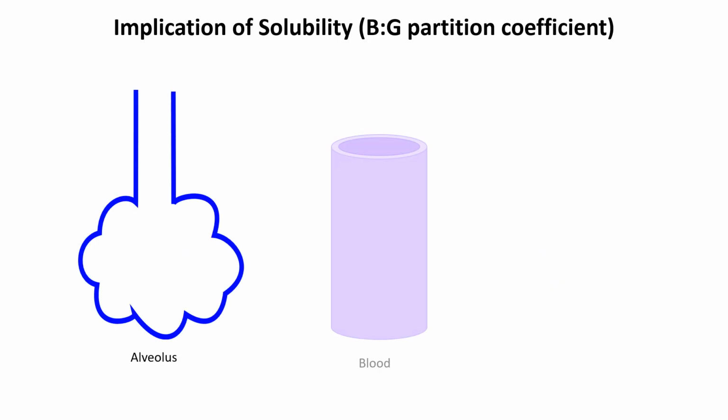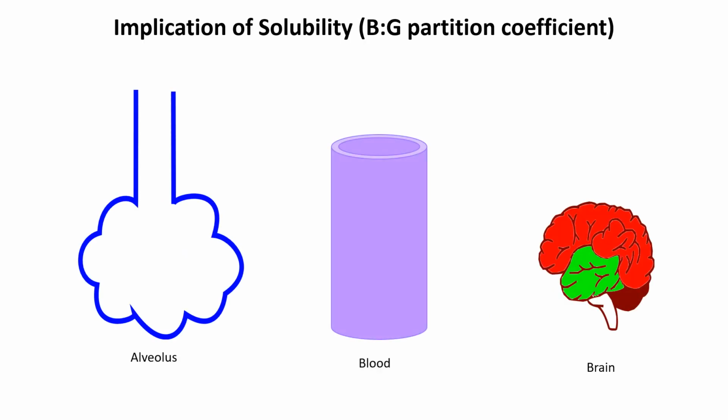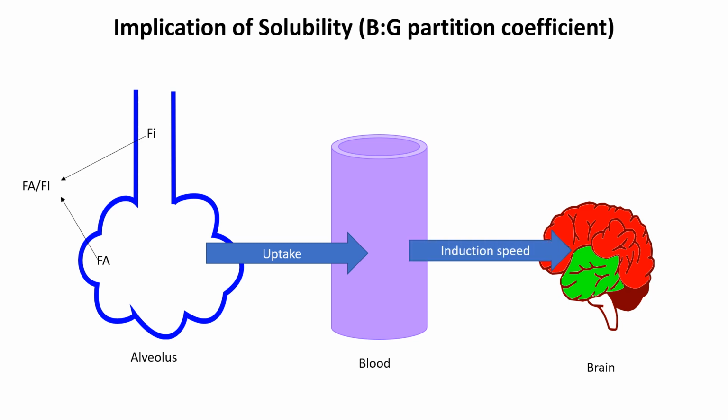The blood-gas partition coefficient significantly impacts the uptake of inhalational anesthetics, the rise of alveolar concentration relative to inspired concentration, and the speed of induction of anesthesia. Let's take an example of halothane and nitrous oxide to illustrate these effects. Halothane has a blood-gas partition coefficient of 2.4, which means it is highly soluble in blood.